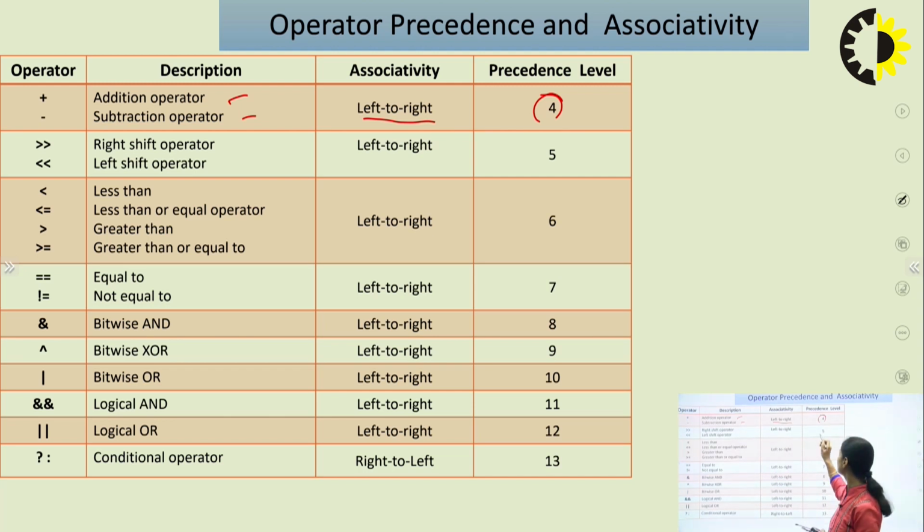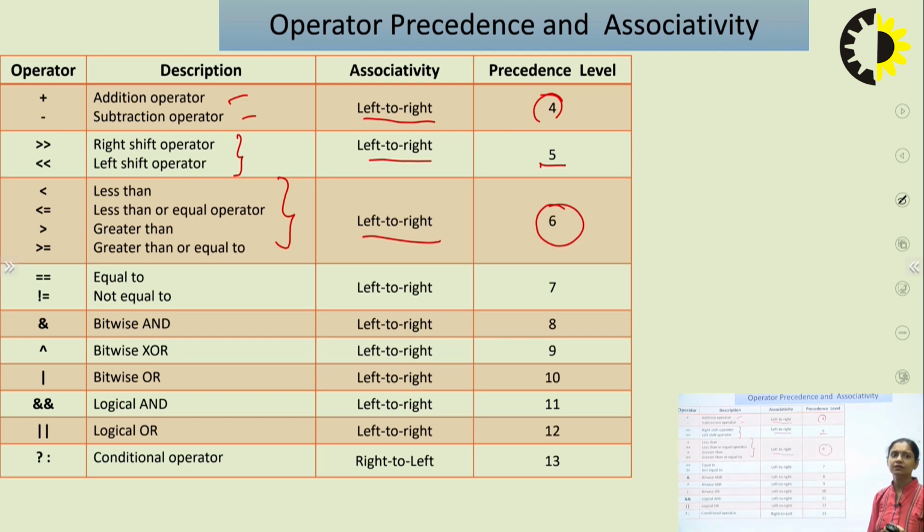Then at precedence level 5, we have the right and the left shift operators, again in the direction left to right. Then we have the relational operators, which are again evaluated left to right and are at precedence level 6.